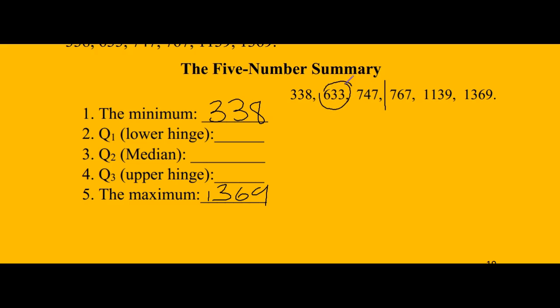So we just write it, 633. And then the median of the upper half is 1139. And then we find the median of the whole data set, the second quartile, the middle number. Since there are 6 numbers, we have to take the average of the 2 numbers in the middle.